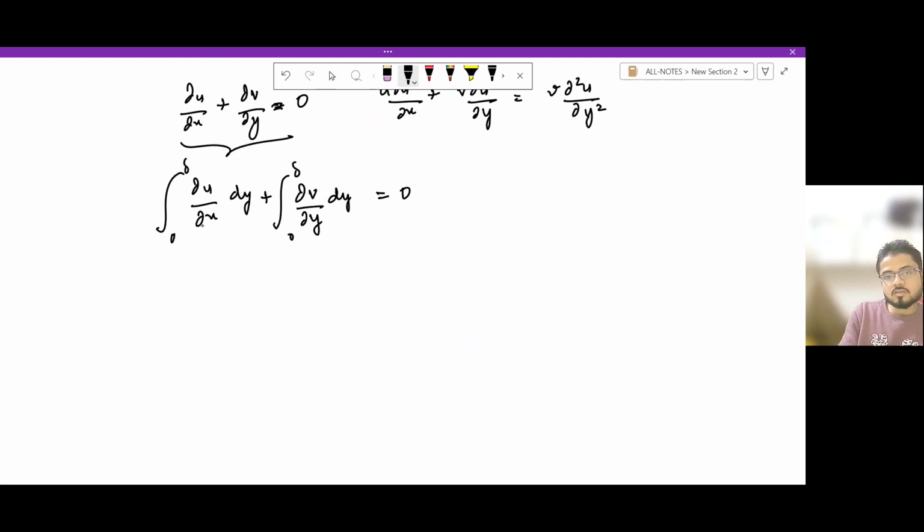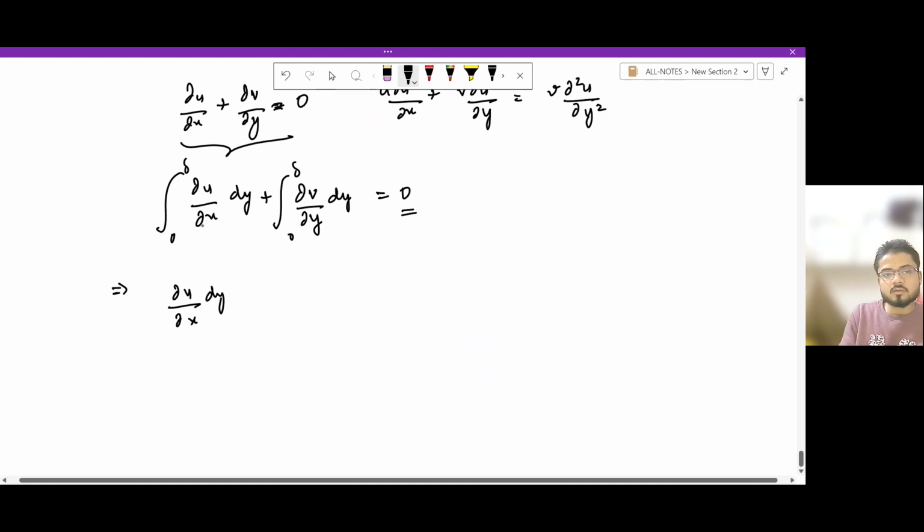Since the RHS is identically equal to 0, no matter what you integrate it with respect to, it will always yield 0. And this would be the integral of ∂u/∂x times dy from 0 to delta, plus this thing becomes v at delta minus v at 0, equal to 0.